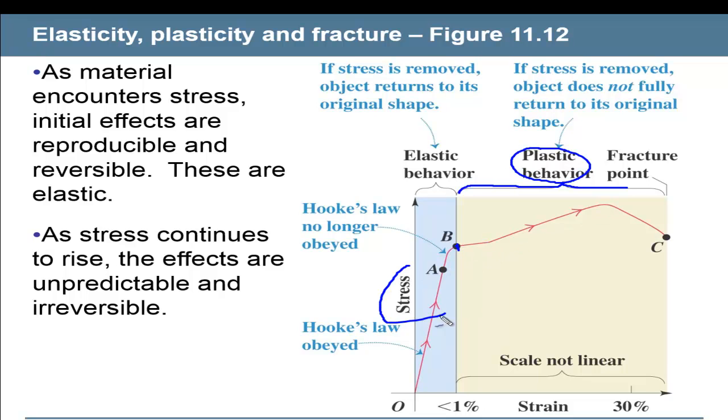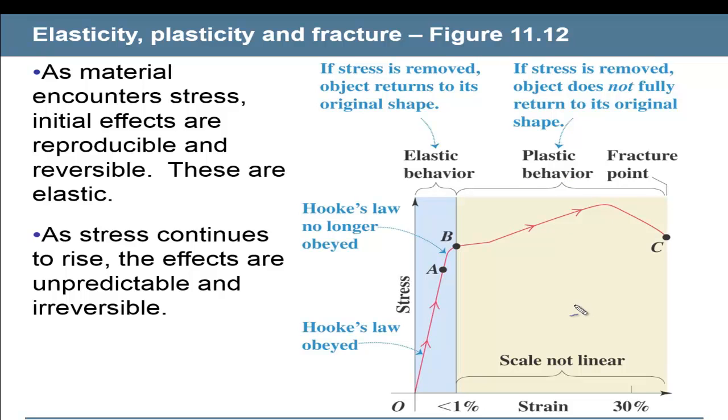This is our stress over here. This is our strain. Here we have to apply a lot of stress to get a little bit of strain, a lot of force to get a little bit of deformation. Here in this region, we don't have to apply nearly as much stress, nearly as much force to get much more strain or much more deformation. The slope here is much smaller than the slope here.